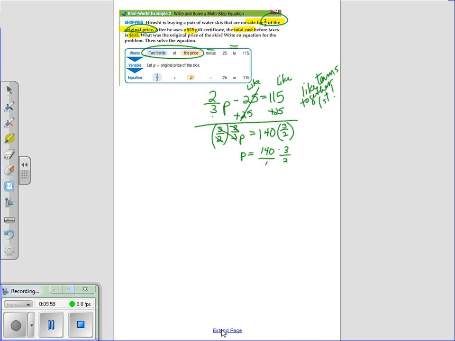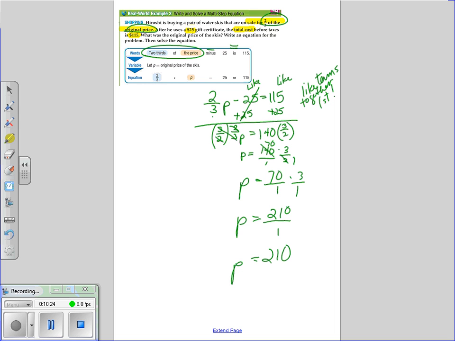There we go. Okay. So now we have P equals 140 over 1 times 3 over 2. Cross reduce, and we get P equals 70 over 1, right? This is a 1 and this is 70 times 3 over 1. So P equals 210 over 1. P equals 210.